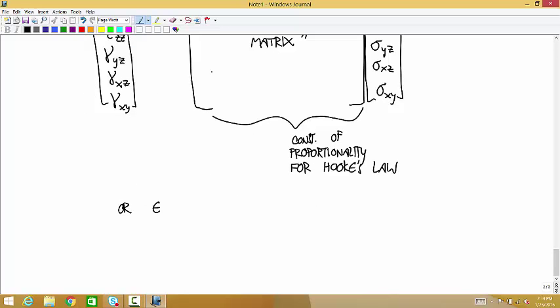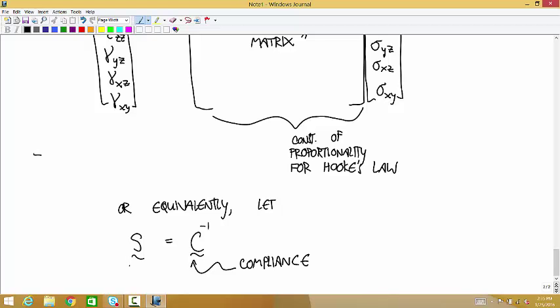Or equivalently, this is the form we're going to use more often. Equivalently, let the matrix S be the inverse of the matrix C. So this C is the compliance matrix. This S is what we'll call the stiffness matrix.